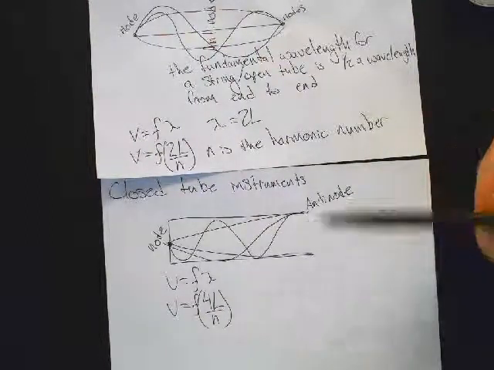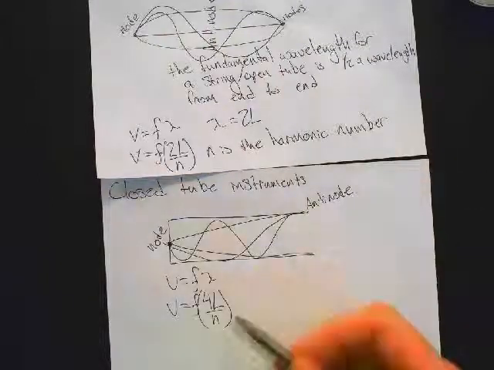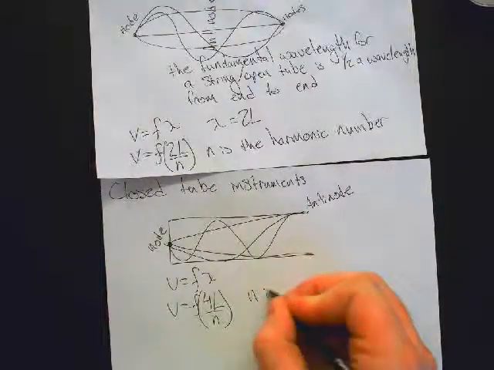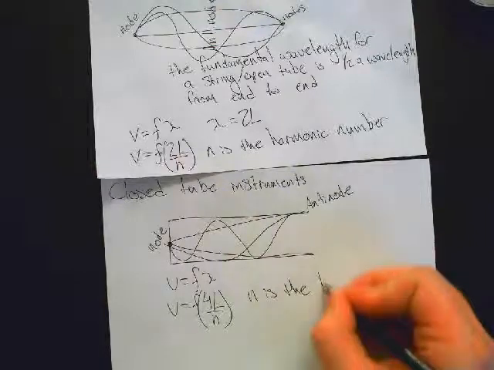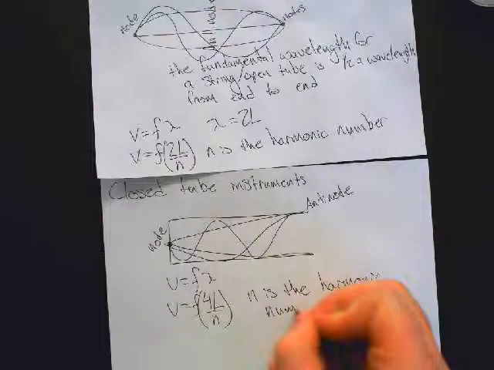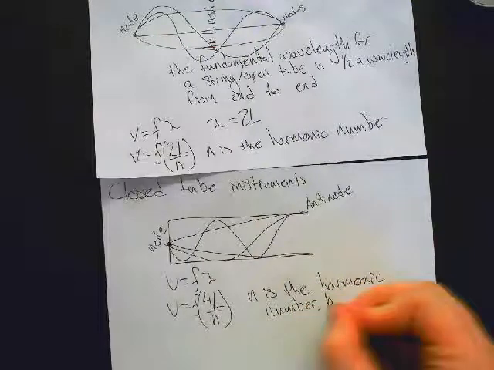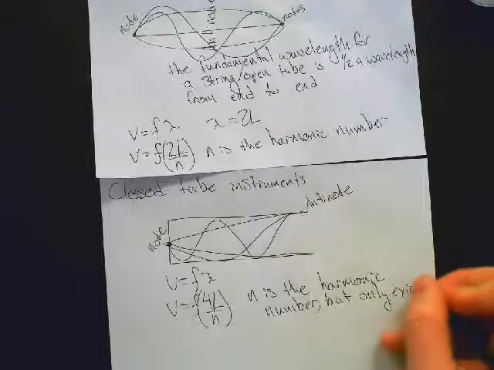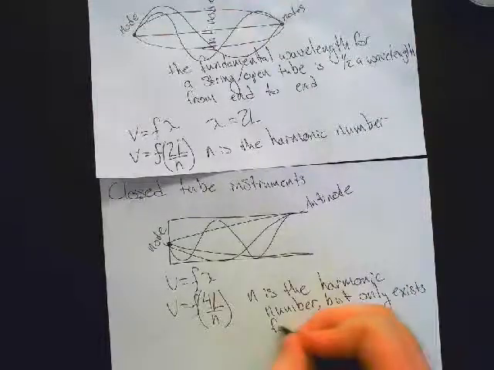What that means is that n still is the harmonic number, but for a closed tube, it only exists in odd harmonics. n is the harmonic number, but only exists for odd numbers.